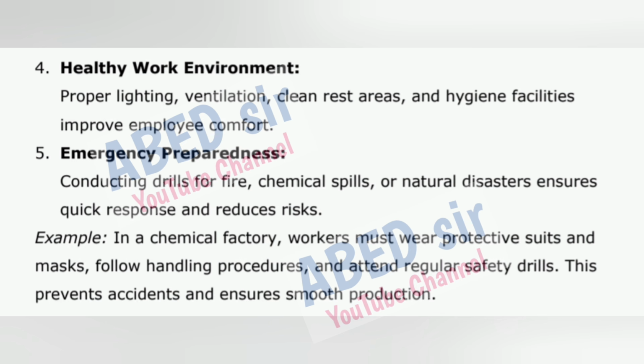Conducting drills for fire, chemical spills, or natural disasters ensures quick response and reduces risks. Example, in a chemical factory, workers must wear protective suits and masks, follow handling procedures, and attend regular safety drills. This prevents accidents and ensures smooth production.